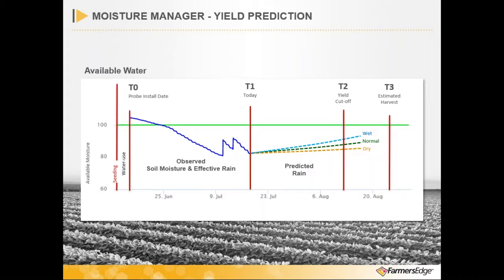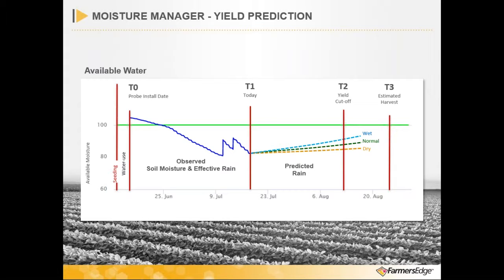And so as we look at the yield prediction here, T1 today, that's in the middle of the screen here, and we're looking at all the different wetting events and the water uptake throughout the course of the year. And then we're projecting out into the future a line, okay, this is what we can expect for normal precipitation throughout the rest of the year, and we're giving a yield number based on that.